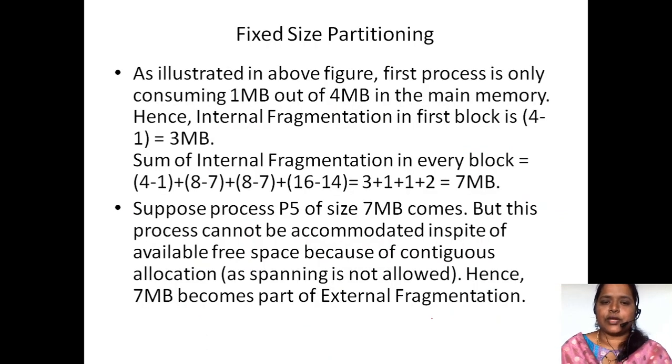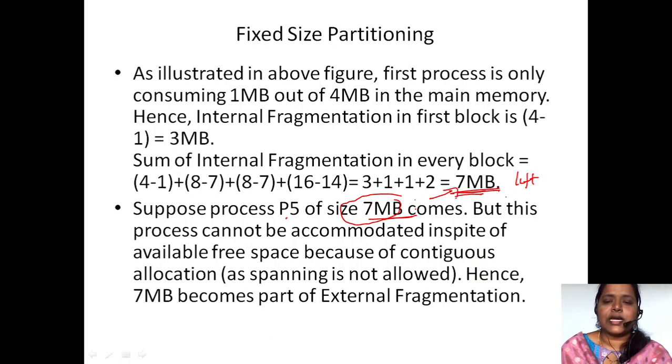Fine. So as I explained there in the theory, 7 MB has been left over here. If a P5 process which requires 7 MB comes, we can't accommodate this P5 process onto the leftover space.